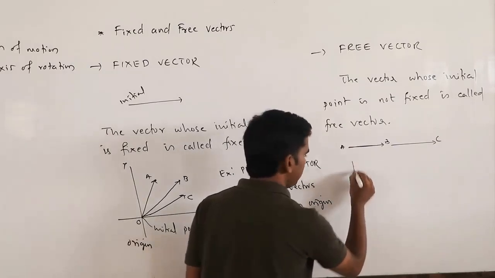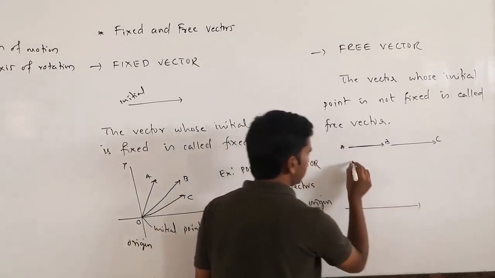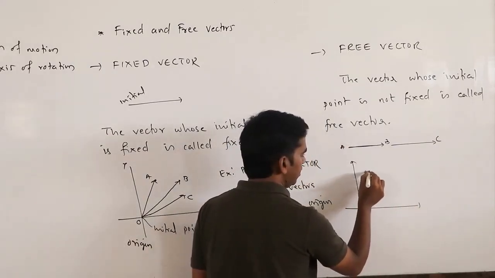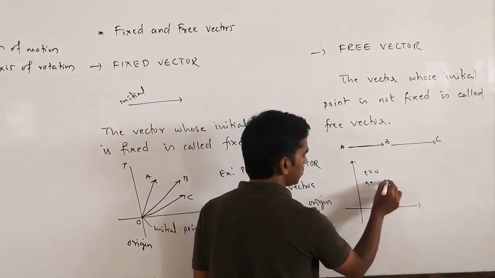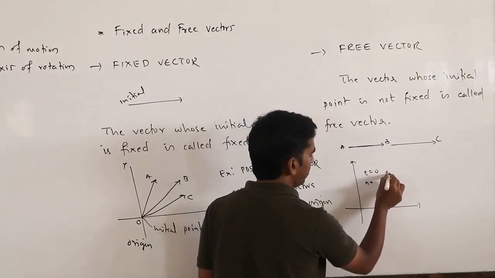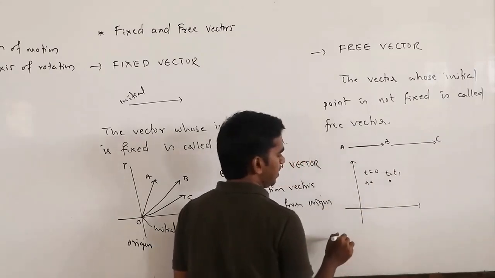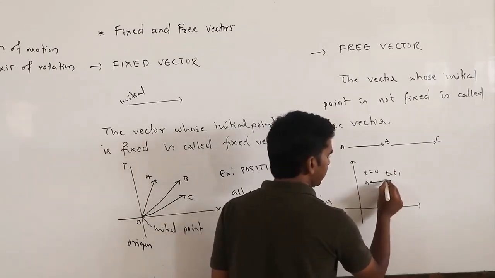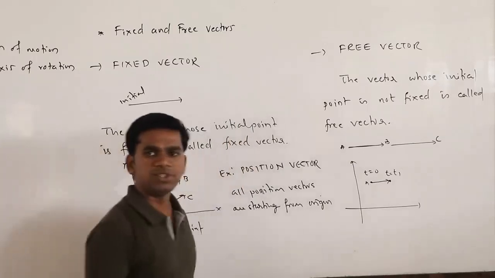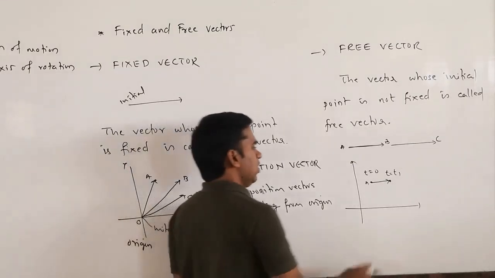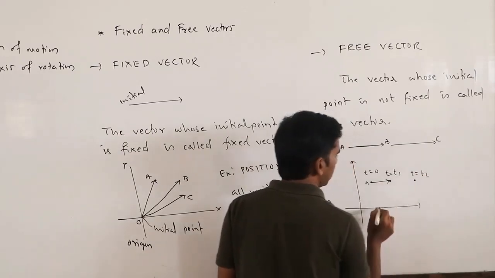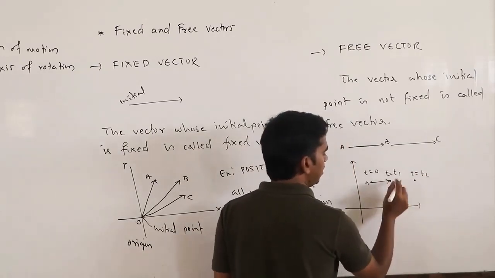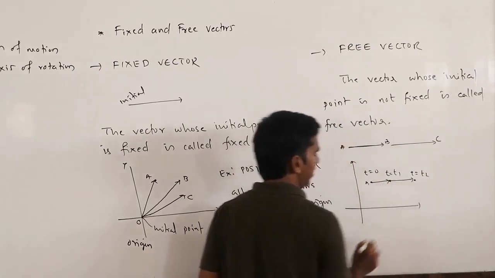If I take your coordinate system, a point is here at t equals 0, and it may come here at t equals t1. This is the position vector. Or sometimes at t equals t2 it will come here. So from t1 to t2, this is the position vector.